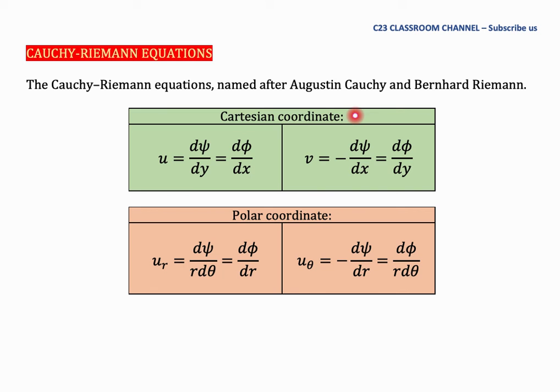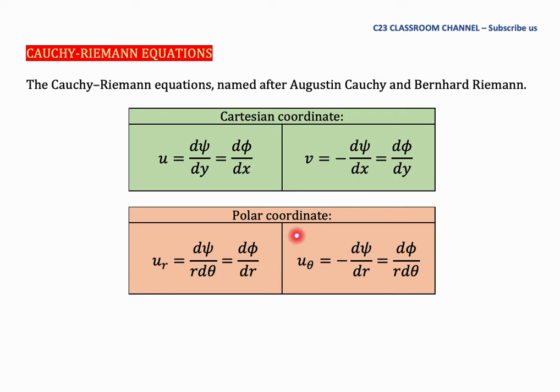For Cartesian coordinates, we could conclude that u is equal to d psi over dy, and it is also equal to d phi over dx. For velocity component v, it is equal to negative d psi over dx, equal to d phi over dy.